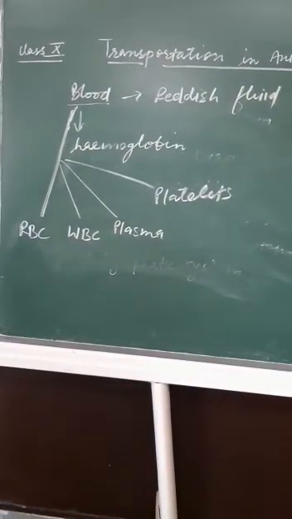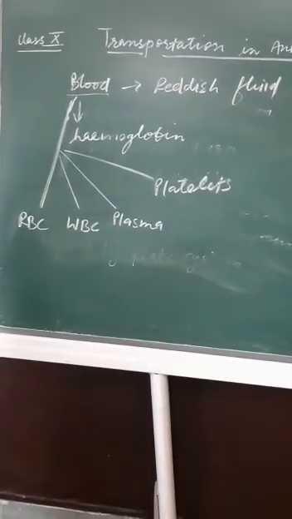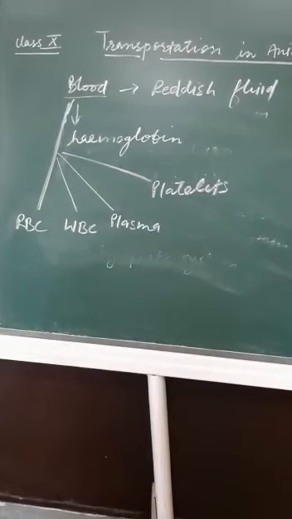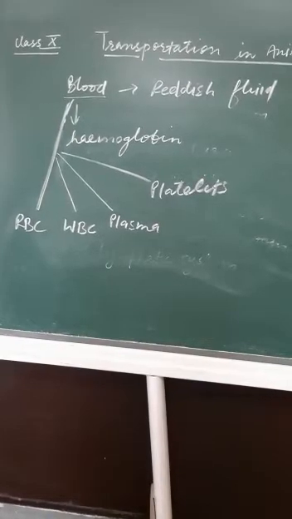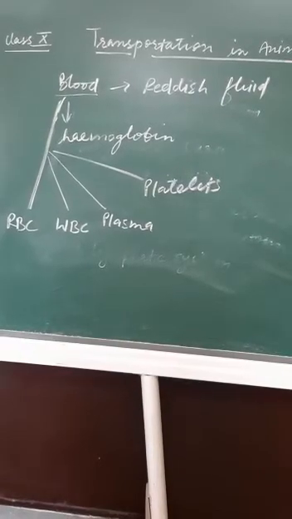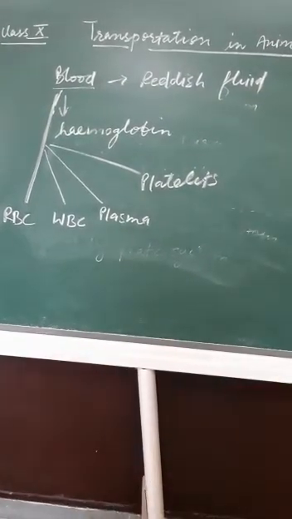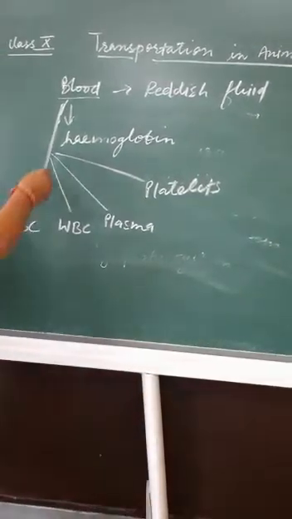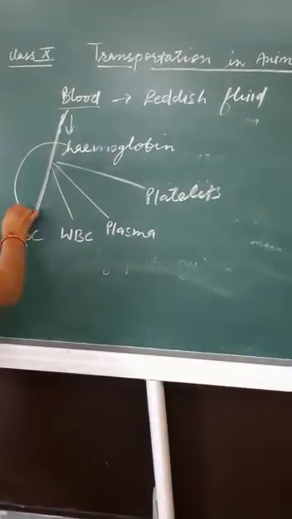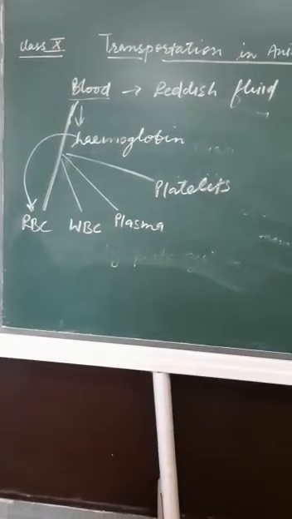RBC is also known as the erythrocytes. They are circular, biconcave and nonnucleated discs in the blood. They are rich in iron-containing reddish pigment, that is HB, which we call hemoglobin, in the RBC. Due to the HB, it is reddish in color.